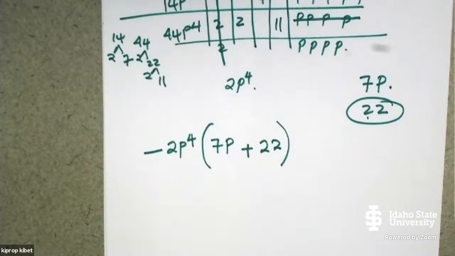In this case, you're trying to get something which is dividing all of them.